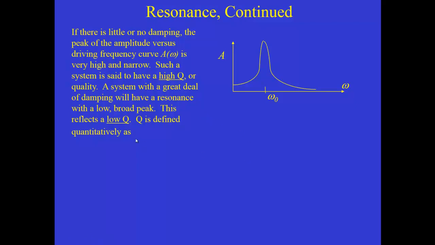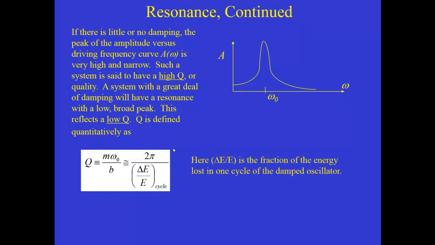A system that has very little damping has what's called a high quality system, where Q is defined as m omega naught over b, and it's approximately equal to 2 pi divided by the fractional loss of energy of the system in one cycle. So if the system has low energy loss because it's got low damping, then you have a very high quality system and a very sharp peak.